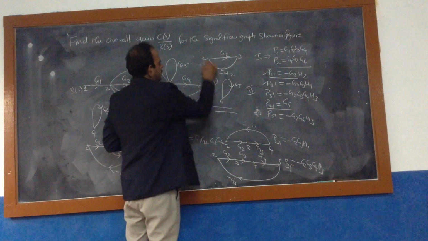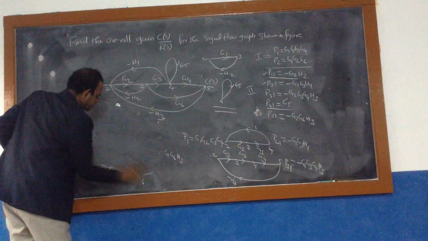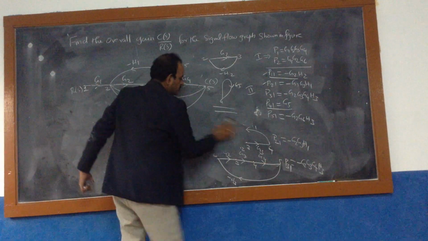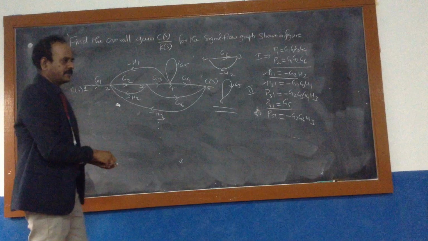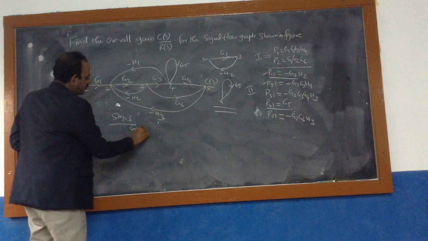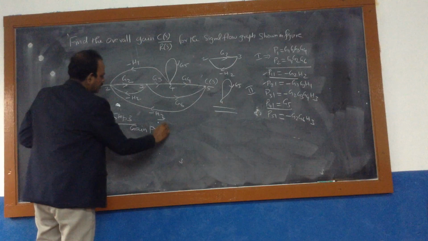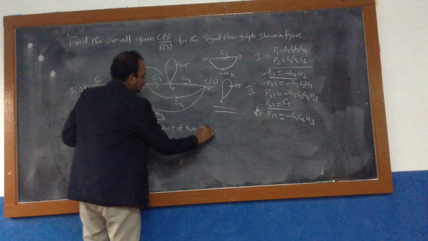So the third step is two non-touching loops. The two non-touching loops can be formed from the individual loops. So step 3 is the gain product of two non-touching loops.